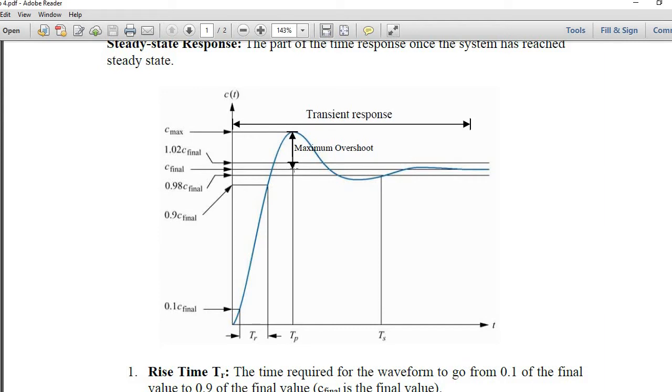If I take the measurement from the final value, how much it goes up is known as maximum overshoot. So first is the rise time, then the maximum overshoot, then the peak time, and the last one is known as settling time. The settling time is the time when this curve enters 2% of the final value. So we mark this and calculate this time, which is known as settling time.